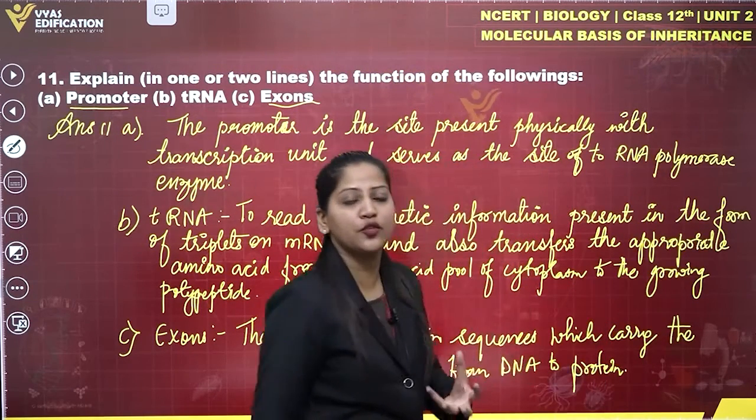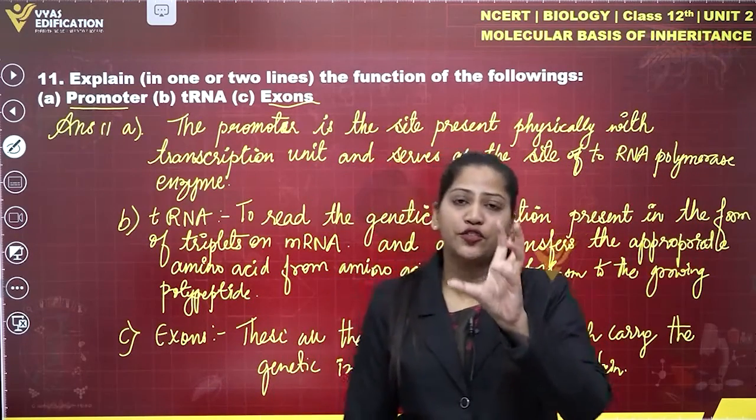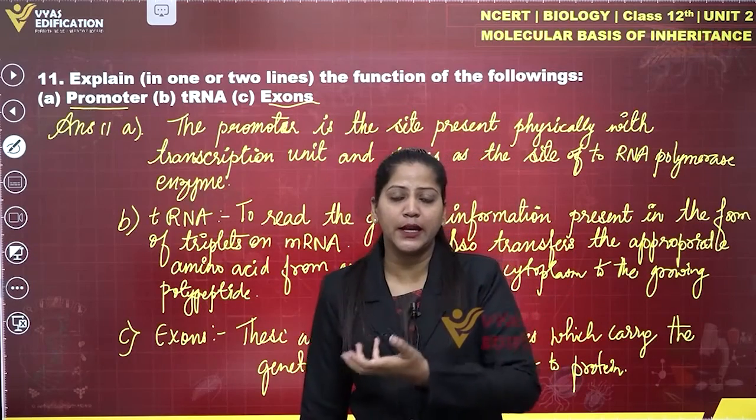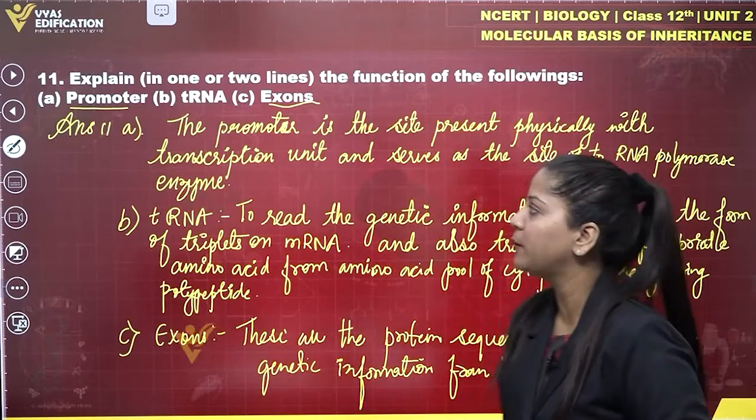So basically, exons are the sites which carry the genetic information from DNA to protein. So these are the functions, and with this we have completed the solution of question number 11.